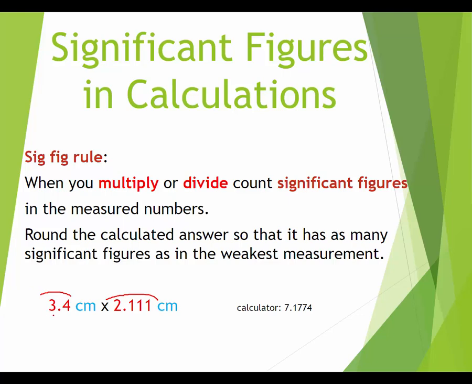So this is my weakest measurement, only 2 significant figures. I use the significant figure rule because I'm multiplying. So even though my calculator says this, I ignore it and I round it to 2 significant figures. My answer, 7.2, 2 significant figures, centimeters squared.